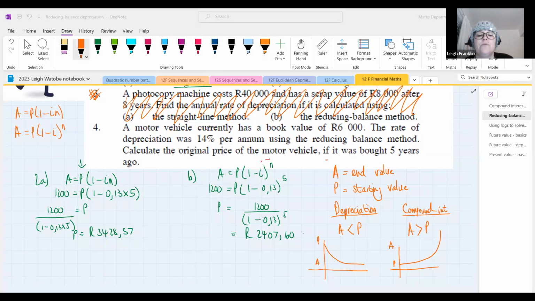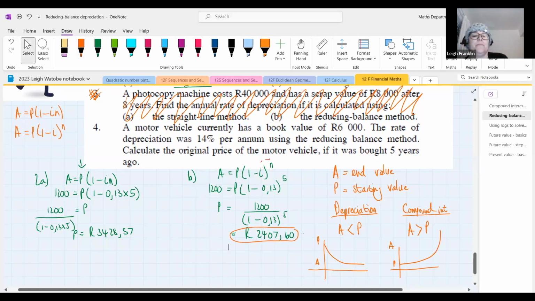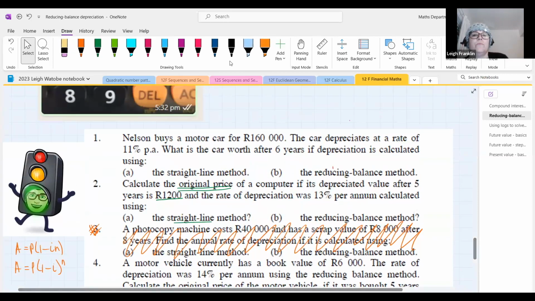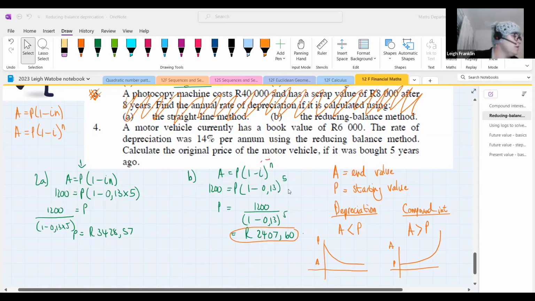Okay, there's the answer for 2B there on the screen. It's a pleasure, Ntokozo, no problem. All right, and then as far as question 4 is concerned, again, they were asking you to calculate the original amount.